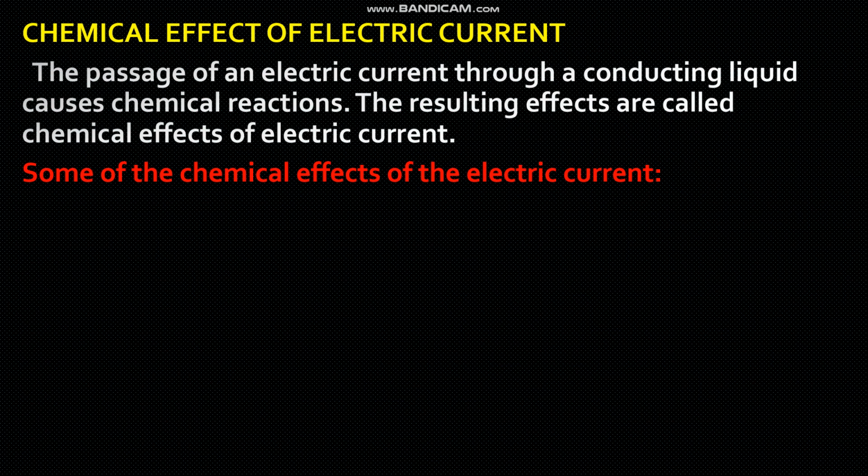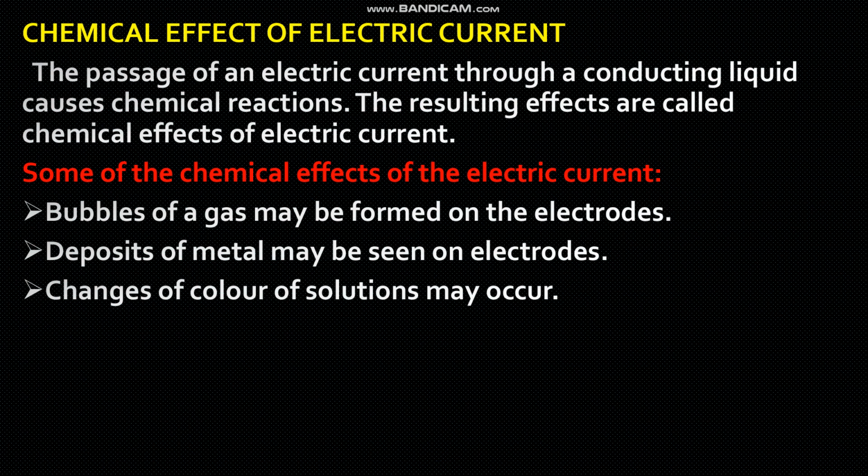There may be some other chemical effects also due to the chemical reaction caused by the passage of electric current through a conducting liquid. One, as we have seen, is that bubbles of a gas may be formed on the electrodes. Another is that deposits of metals may be seen on electrodes. In some cases metal gets deposited on the electrodes, and in some other cases the color of the solution may change.